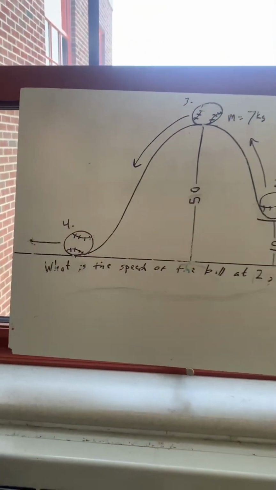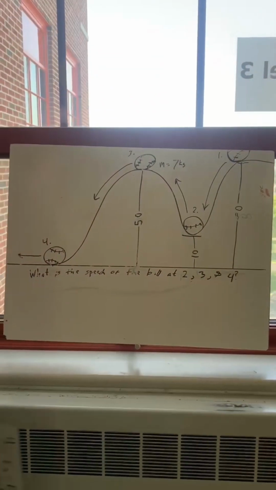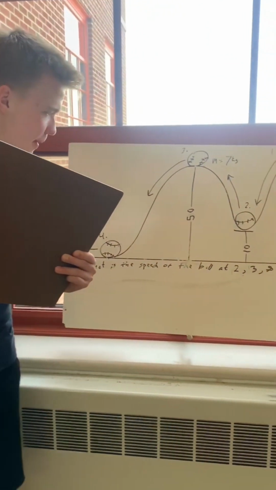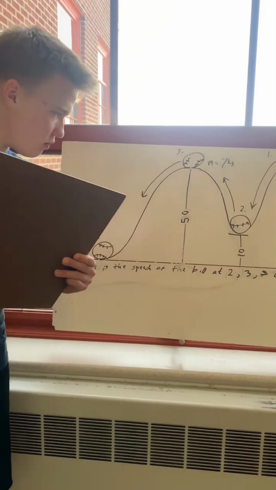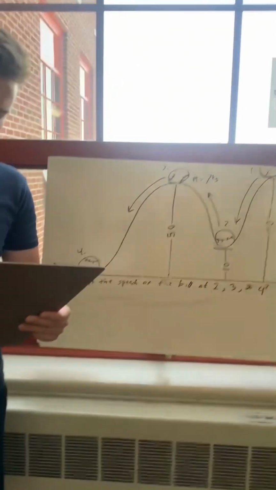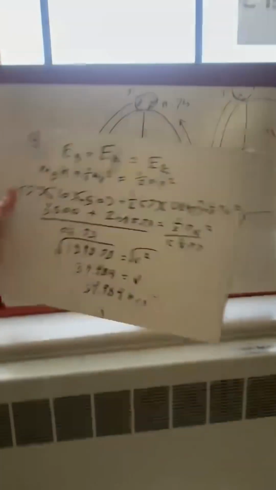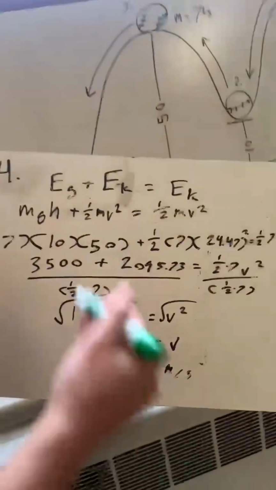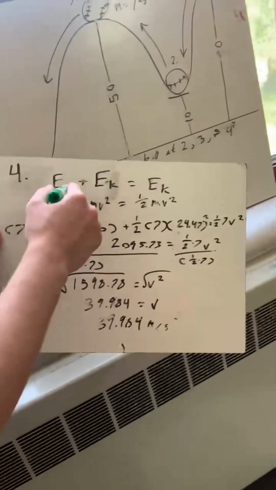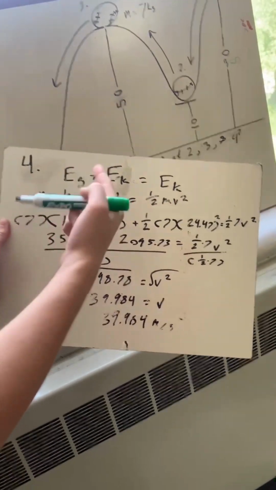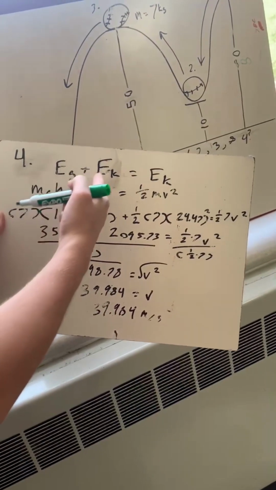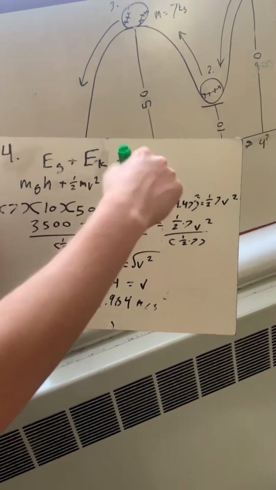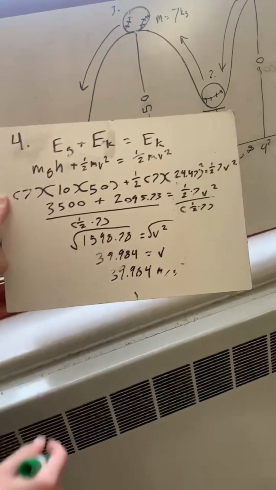This is very easy, just like how we did 3 and 2. Look close here. Just like before, energy of gravity plus kinetic energy equals kinetic energy.